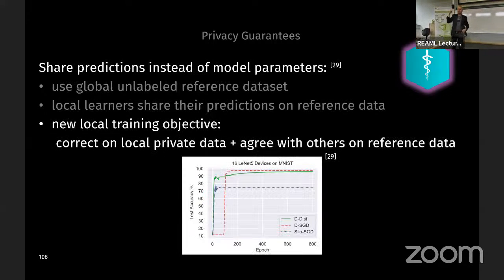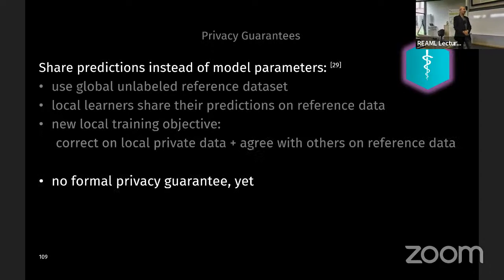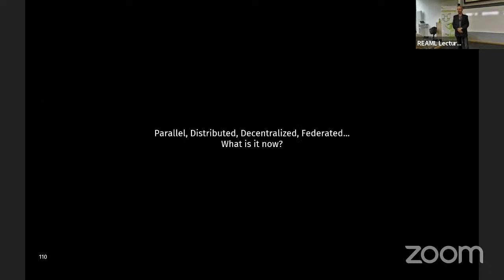And the experiments look good, so it seems to work very nicely. The only problem is there is no formal privacy guarantee yet, so it's a bit unclear what guarantees you get. But then again, this is current research, so maybe the moment I say it, there already is something new.